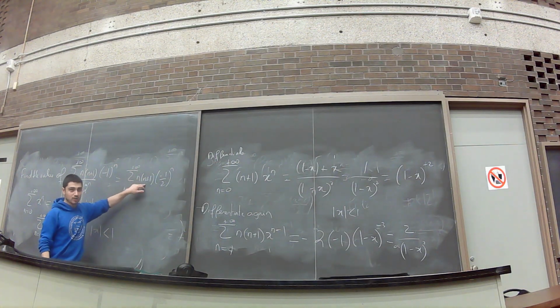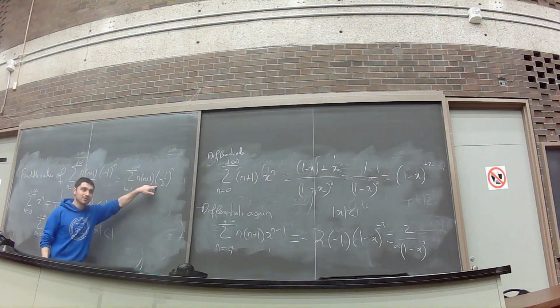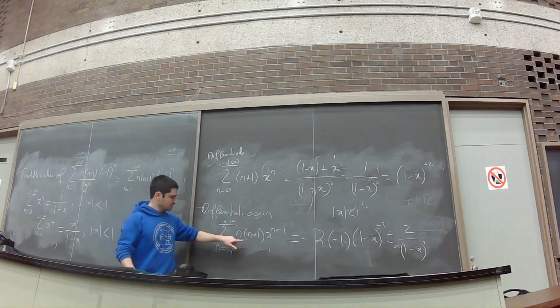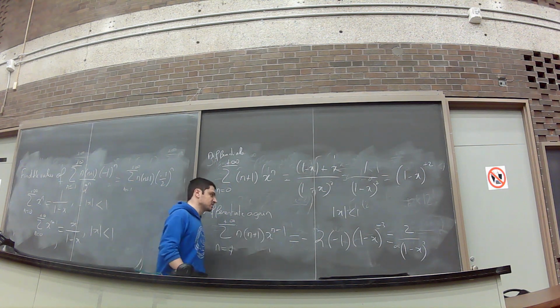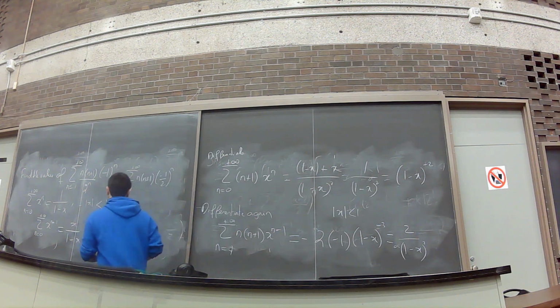N times n plus 1 times x to the n minus 1. Oh, wait a minute, but is that a problem or not? What can I do here to get here? I multiply by x. Exactly. Let me multiply both sides by x.